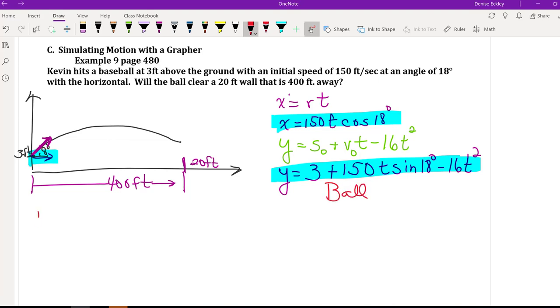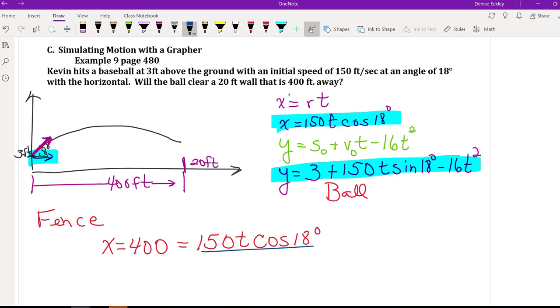So now the fence. The fence comes behind the idea of how long does it take to hit 400 feet. So if we know that x is going to equal 400 feet, we can set our x equation equal to it and solve for t.